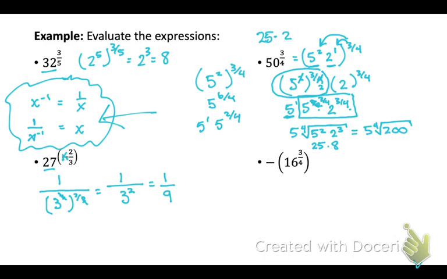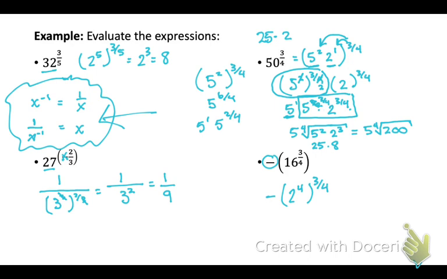Okay, but this one, the negative is different. What's different about it? There's a negative on the whole thing. So I'm just going to do the problem and throw a negative on that. So 16, what can I break it down to? 4 squared. Further, 2 to the 4th. 2 to the 3/4, and throw the negative on the end, yes?